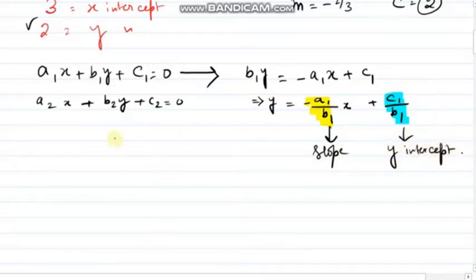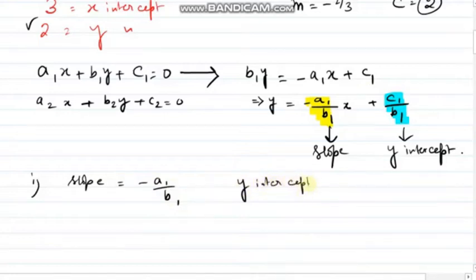So for the first equation, my slope is minus a1 divided by b1 and y-intercept is, I made a mistake, it will be minus c1. Human error. So y-intercept is equals to minus c1 divided by b1.